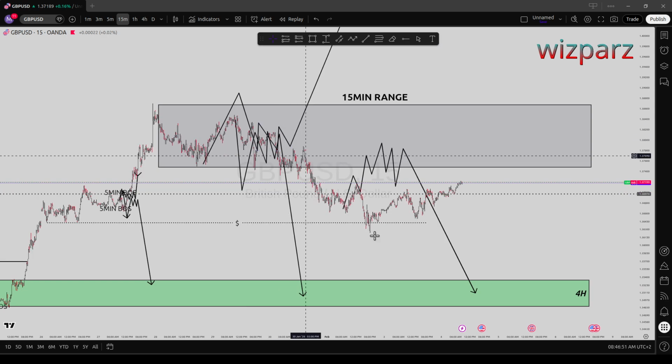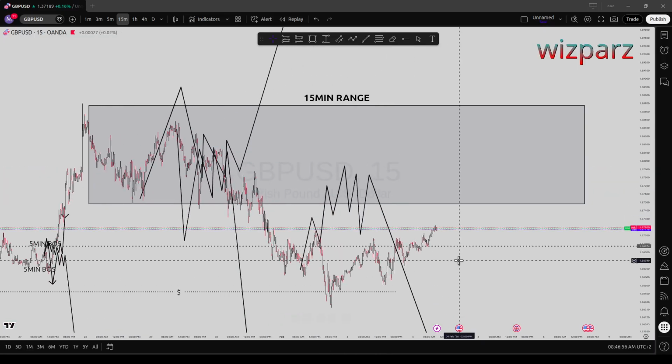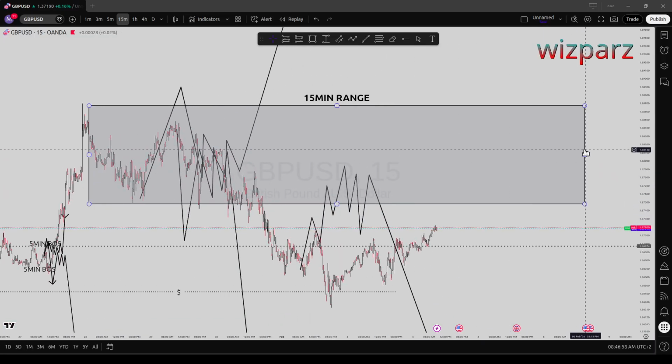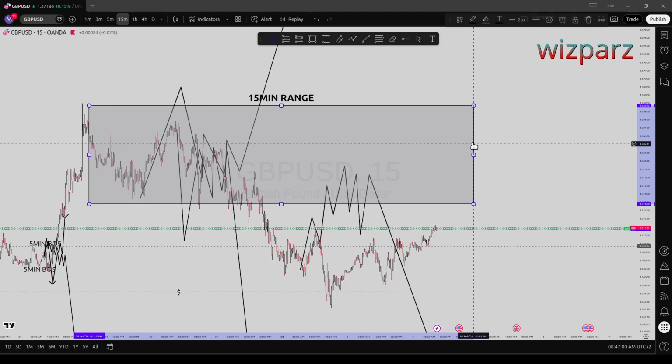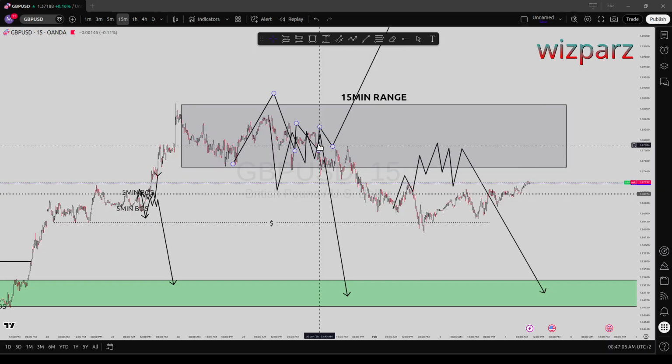And if we scale to 15 minutes, we can see we have started a big trend to the upside, but still the price has broken this range.